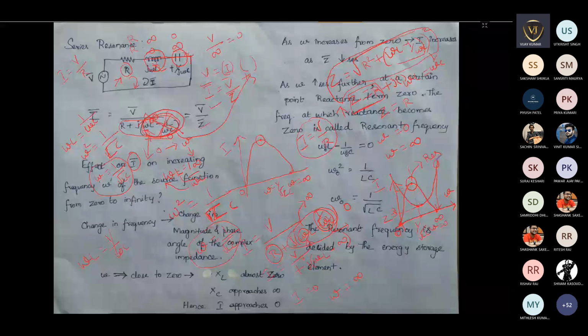When Z is equal to infinite, the current will be 0. When omega is equal to infinite, your current is 0. Here also, when omega is equal to infinite, your current is 0. In between, you are getting the peak current and the least impedance value. So this is the resonant condition. At that resonant condition, your current is maximum and the impedance is least. This is for the series RLC circuit.